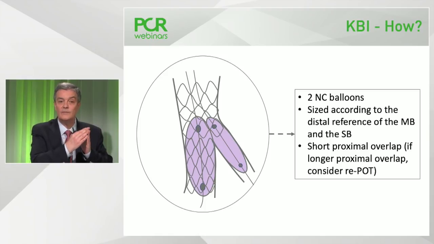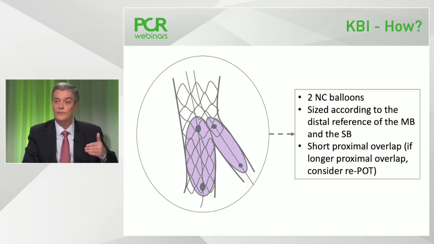So short proximal overlap. And what is very important, we should try to keep balloons inflated for at least 20 to 30 seconds. If that is not possible because of symptoms of ischemia, we should, of course, perform 2 or 3 shorter kissing inflations.